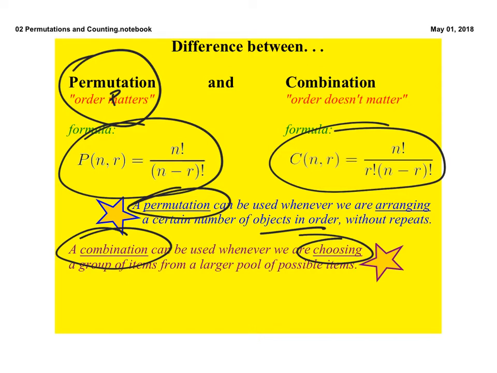All right, so I want to work out a permutation and show you how this formula would be used, and then a combination. So this is really the meat of what I'm trying to teach you today. So let's say that you have three people to pick from: Bob, Sally, and Mick.